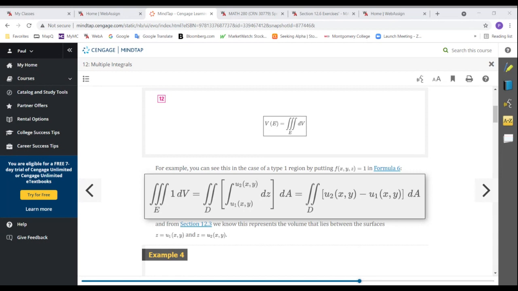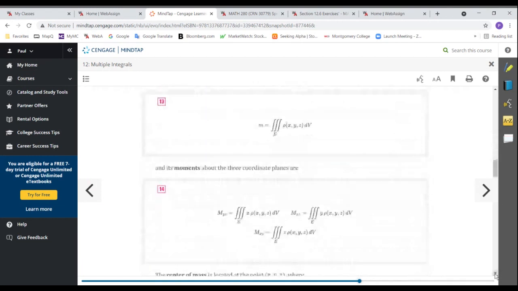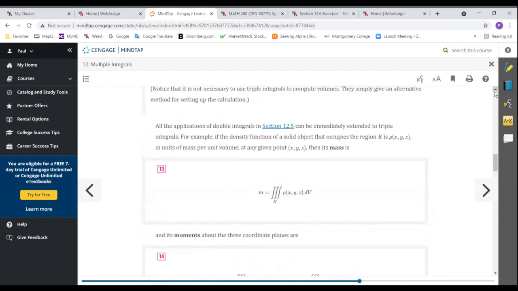Okay, let me do a little bit more here. So mass. Center of mass. Density is mass divided by volume, so mass is density times volume.